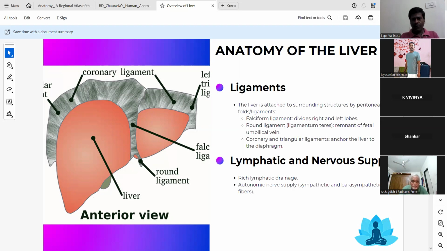One is the falciform ligament, which divides the right and left lobe, and then the round ligament or ligamentum teres, which is the remnant of the fetal umbilical vein. And then the coronary and triangular ligaments, which anchor the liver to the diaphragm.